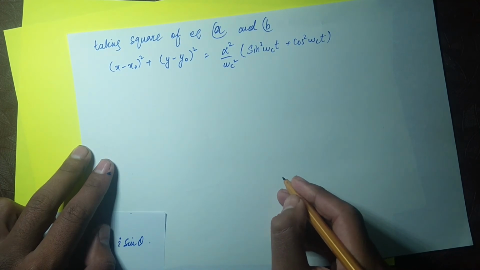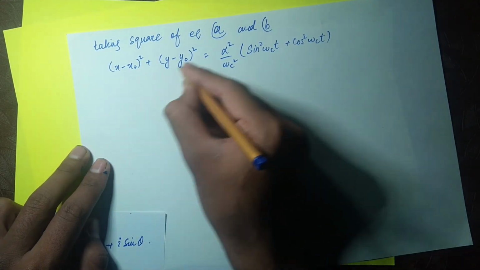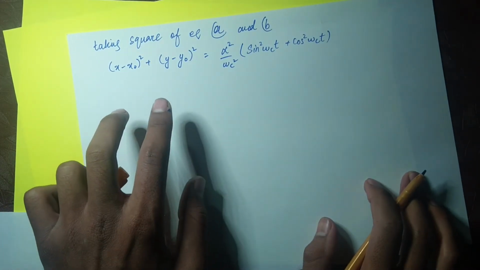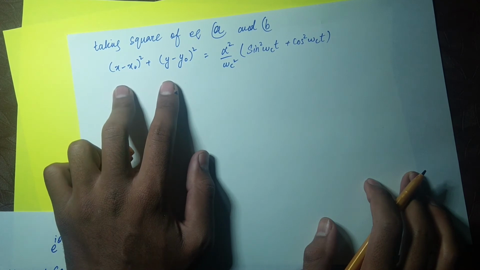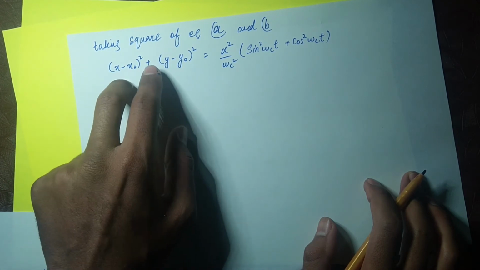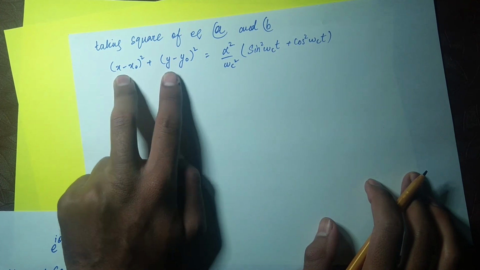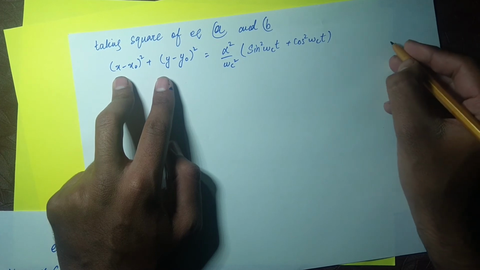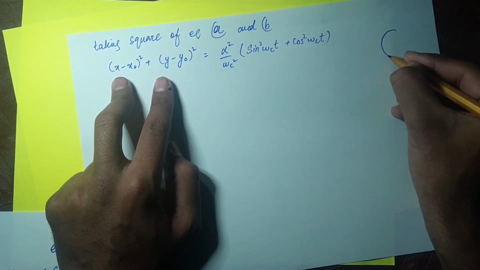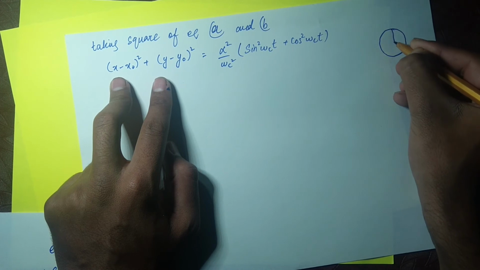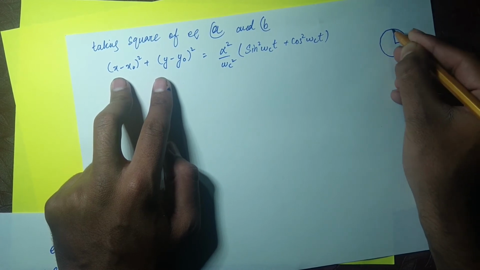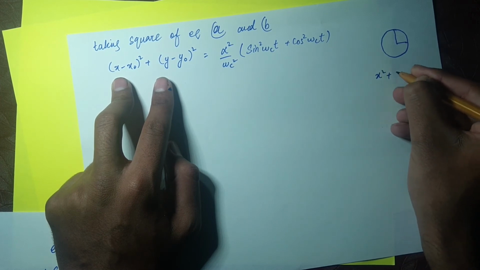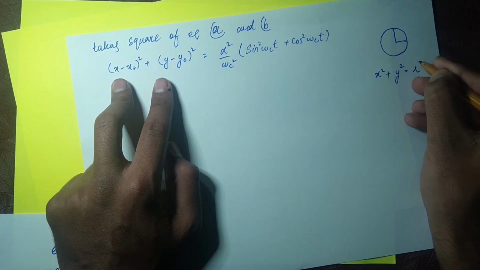Okay, so if you look at this term on your right side, if you have ever studied the equation of a circle, x squared plus y squared is equal to r squared.